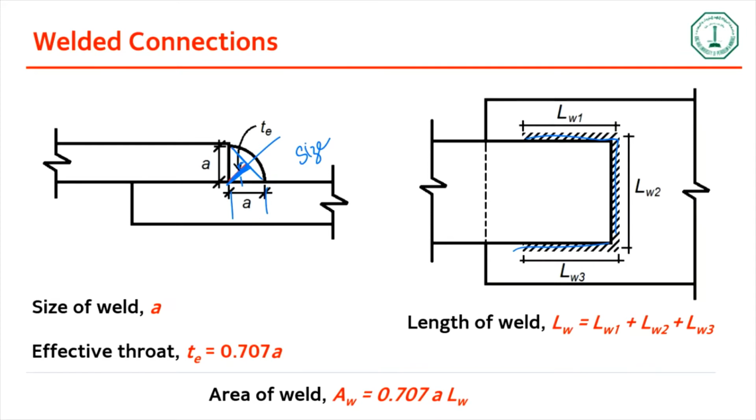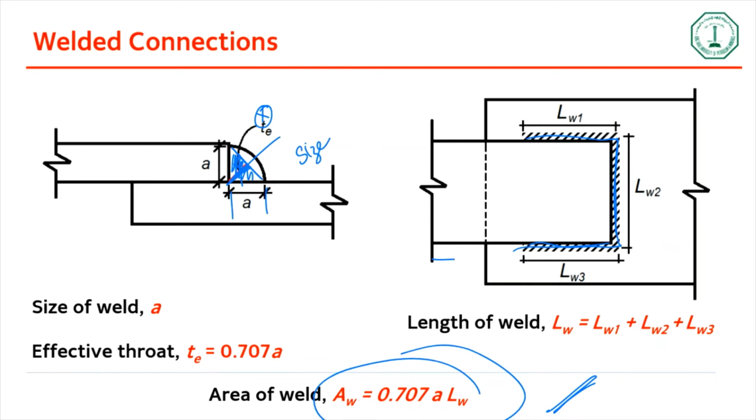Now using all these we get something called the area of the weld. Okay, now area of the weld is not the cross-sectional area. It means the entire area which actually transfers the shear, and also something that you need to know is in welded connections the force is transferred through shear.